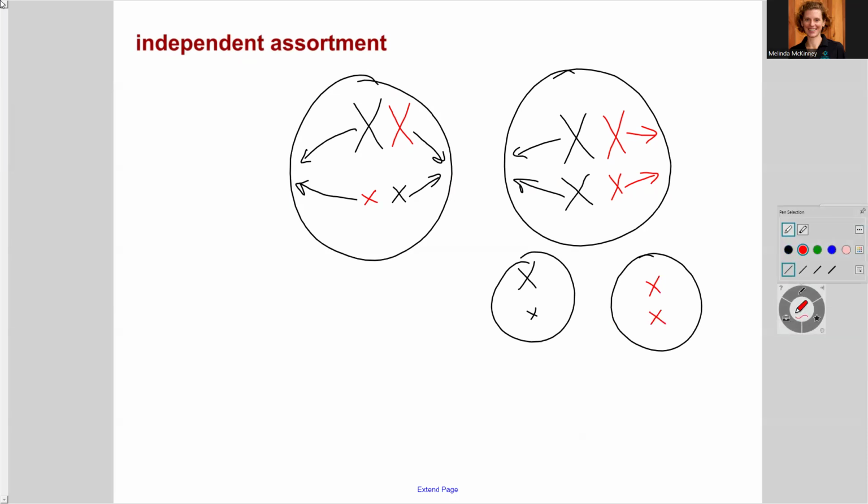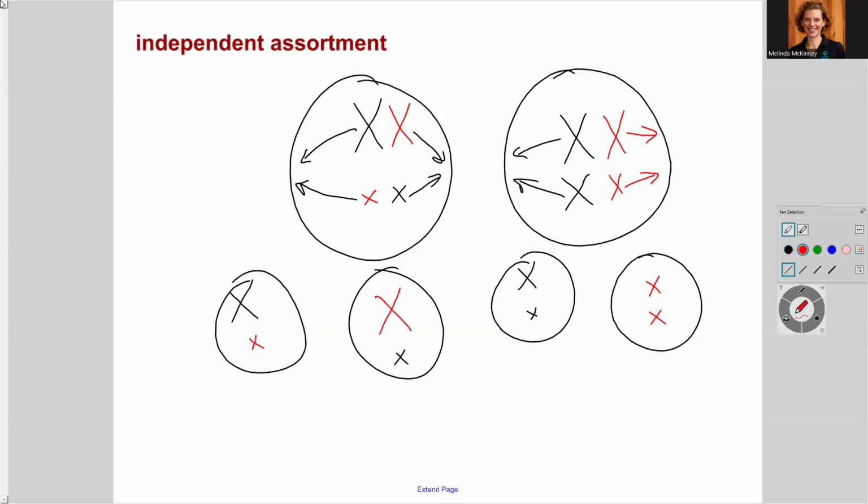Whereas in this case, we've got two other possibilities. One, two. We've got a big black X with a little one there, and a little red X and a big one. So just from this different alignment during metaphase 1, how they line up on the left and the right, there are different possible cells.